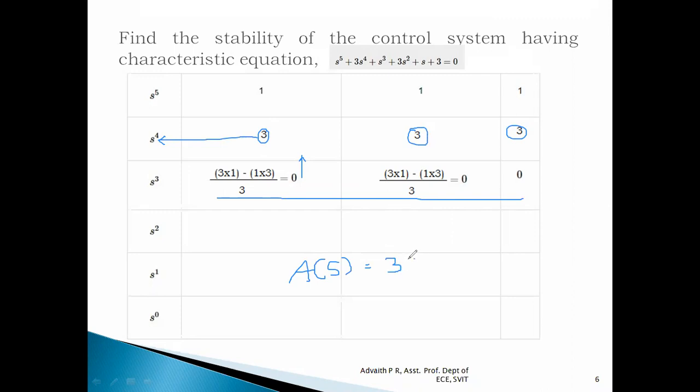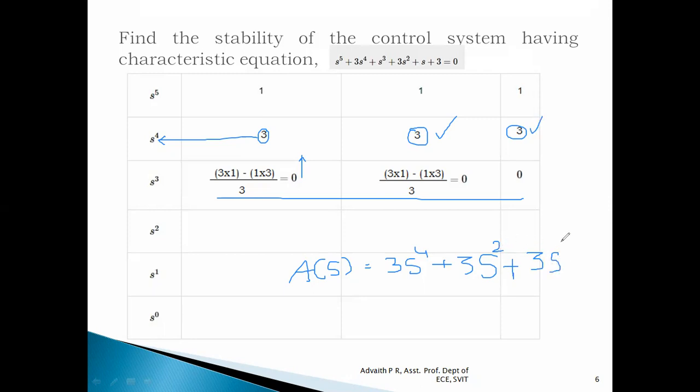So 3 into s to the power of 4 plus the next coefficient is 3. We have to consider the alternate power of s. So after 4, we should not consider 3. We have to consider 2, plus the next coefficient is again 3, 3 into s to the power of, again the alternate power of s.